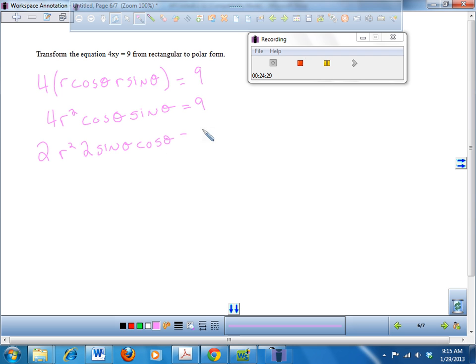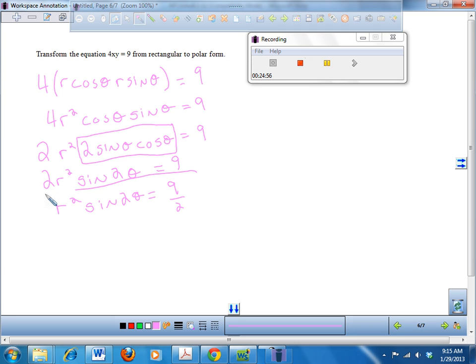Does anyone know why I rearrange things? Does anyone remember what this is equal to? That's an identity. Yes. What's that, Kate? Sine of 2 theta. So 2r squared sine of 2 theta equals 9, and then you could write that as r squared sine of 2 theta equals 9 halves.